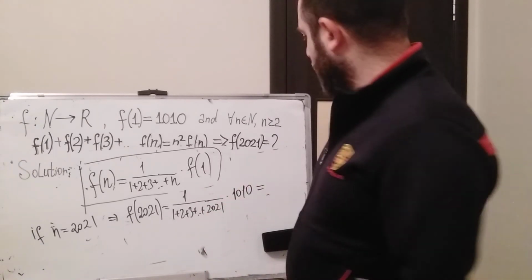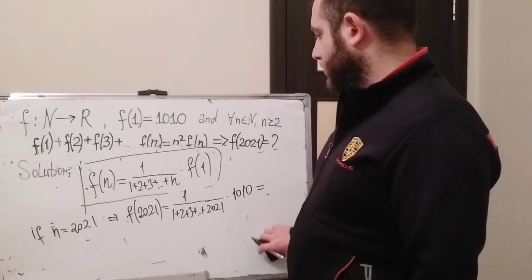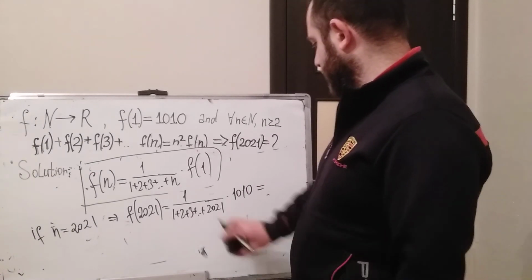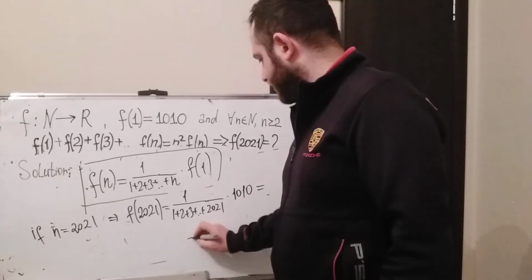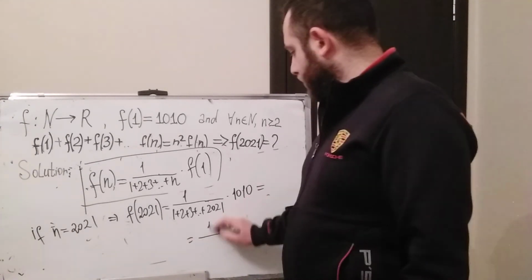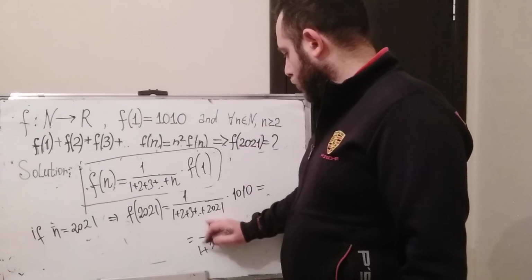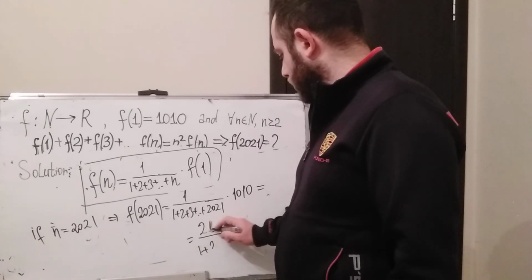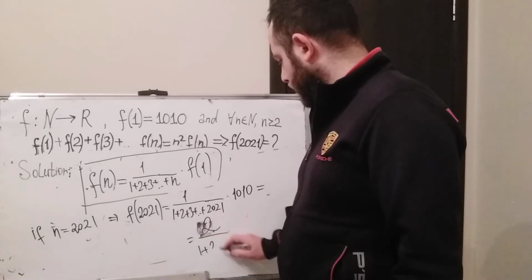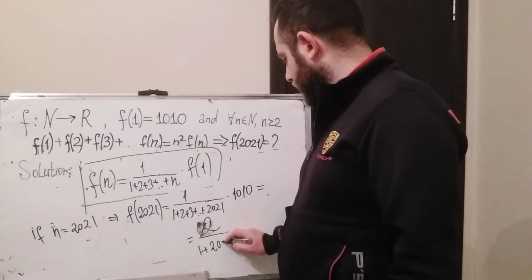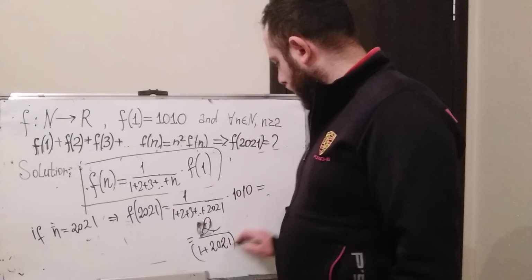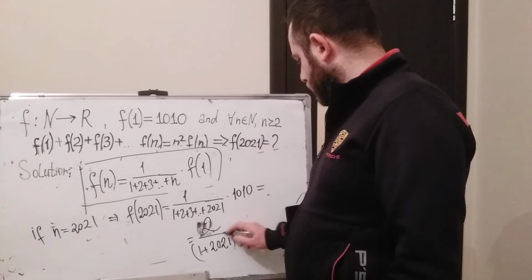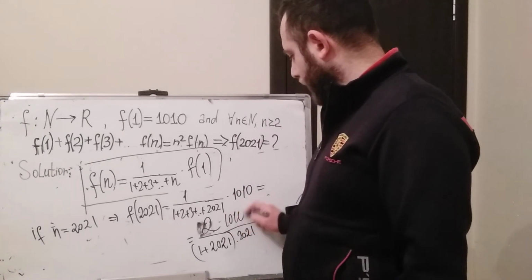I think we should better calculate it. So it will be 1 over 1 plus 2 plus up to 2021, that is 2021 times 2021 times 1000.